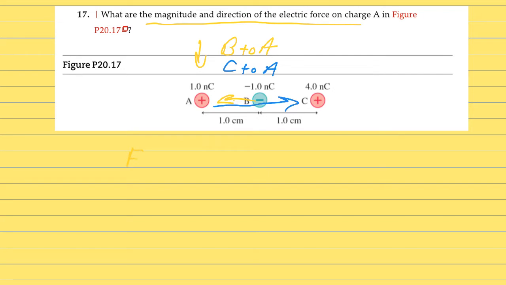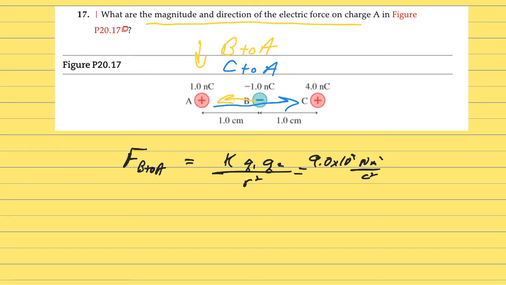The force of, okay, yellow is bad on a yellow background. A force of B to A, and that's just k q1 q2 over r squared. k is 9.0 times 10 to the ninth newton meters squared over coulomb squared.